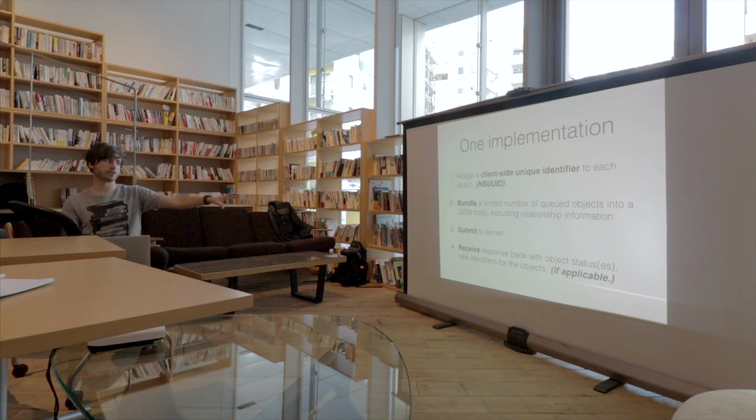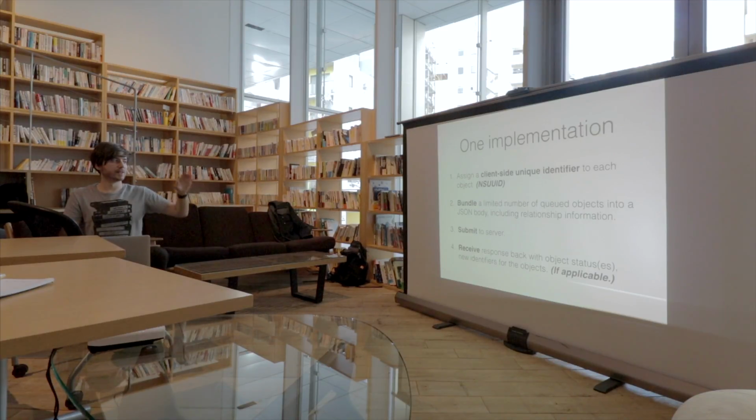One implementation of this, and this is the simplest one I could come up with just for the slides, is to assign a client-side unique identifier, with NSUUID, so it's unique for that object that you're submitting. Bundle a bunch of them together, submit them to the server, and receive a response back with the object statuses, like whether or not they were accepted, and any new identifiers from the server.